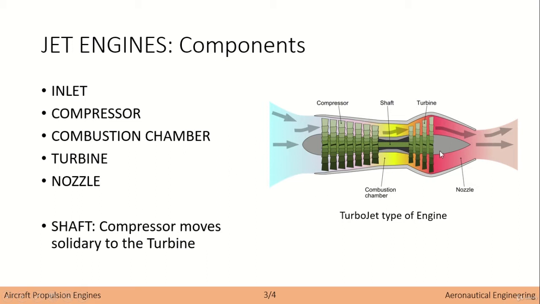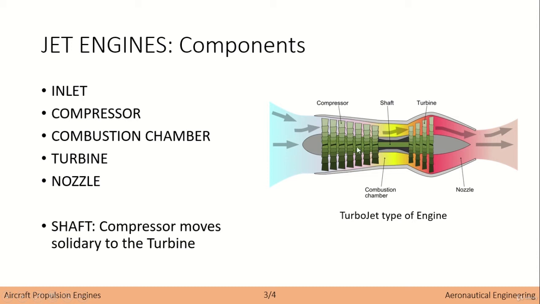Because of the combustion chamber, we get a higher temperature of the fluid. So this implies a higher thermodynamic status, and therefore we gain some movement on the turbine. As a consequence of the combustion chamber, we get a rotation in the turbine, and the turbine, because it is connected to the compressor, moves the compressor.